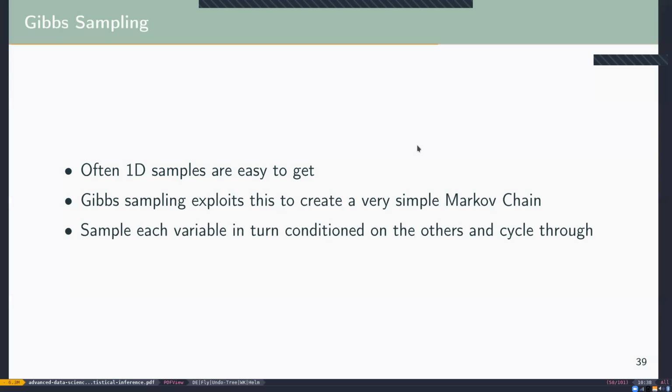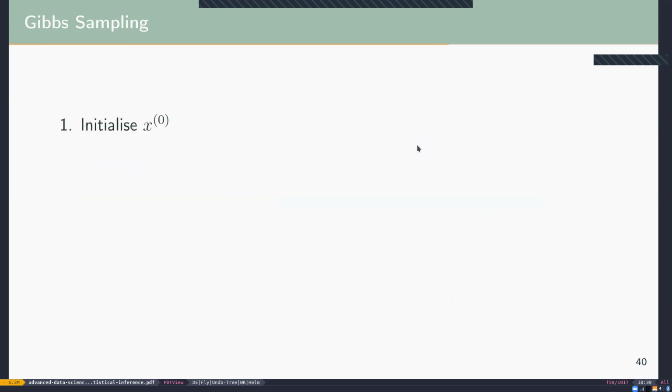Now I fix one pixel, and the conditional distribution is knowing all variables except for one. Then I draw a sample over that, and I keep going.